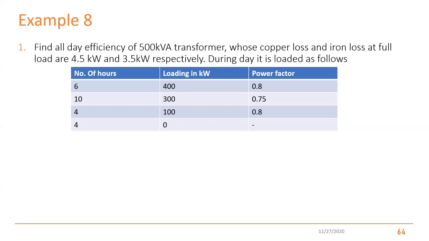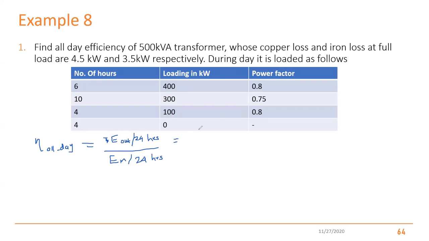So your task is to find the all day efficiency, right? If you write the all day efficiency definition, that is the total energy output per 24 hours, divided by the total energy input in 24 hours.